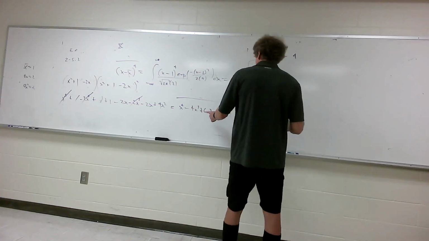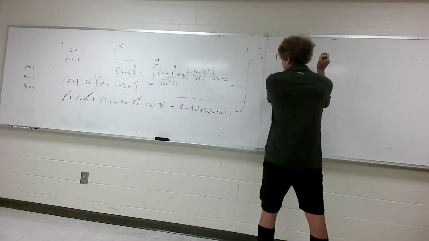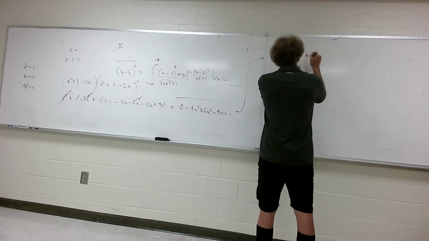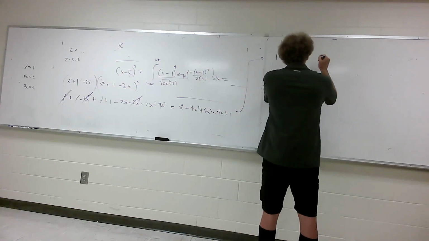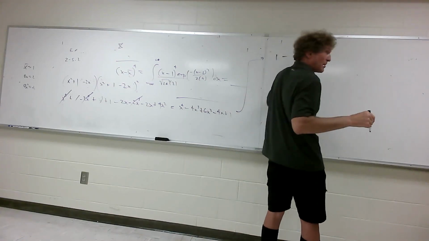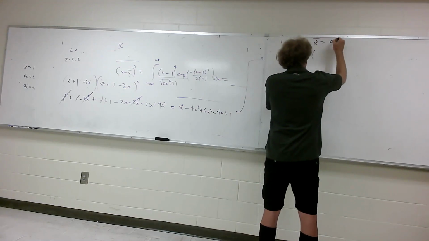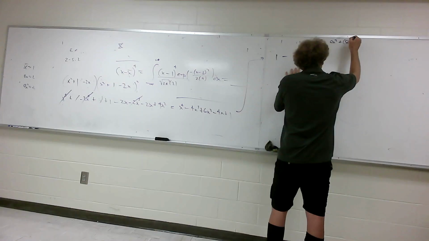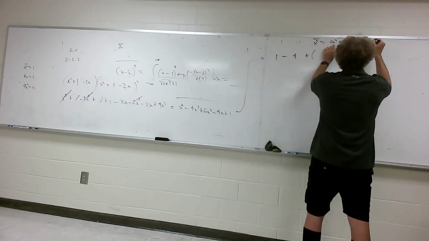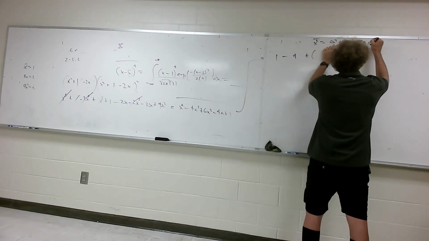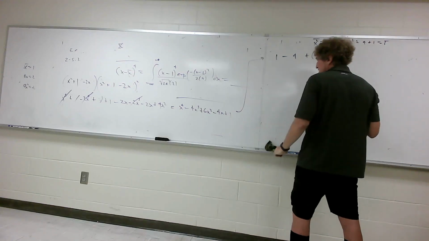And what next? 6 times x squared, which is what? That's the mean squared value of x, which is just what? Sigma squared plus x bar squared. X squared bar is going to be sigma x squared plus x bar squared. That is 4, and that is 1, which is 5, correct?